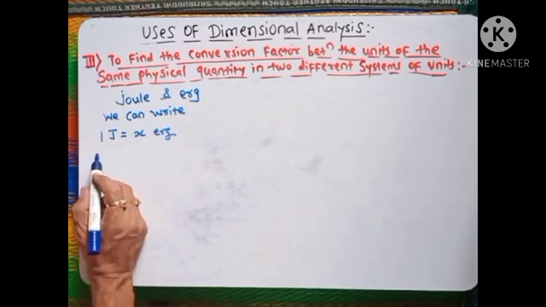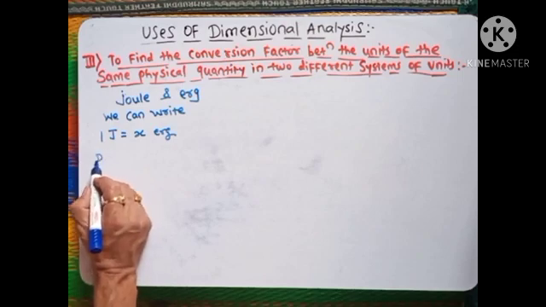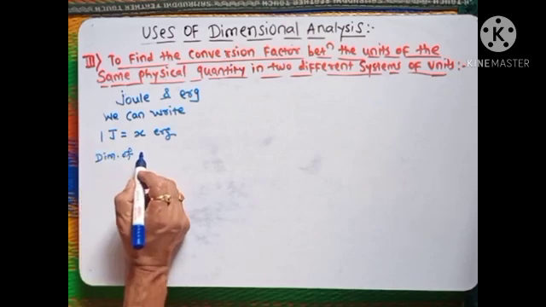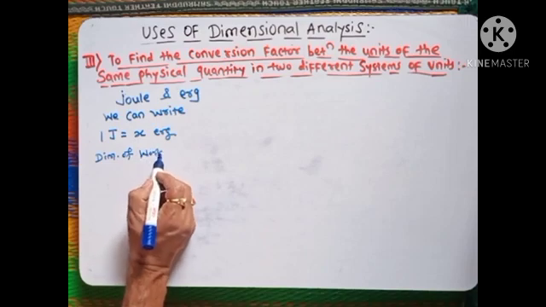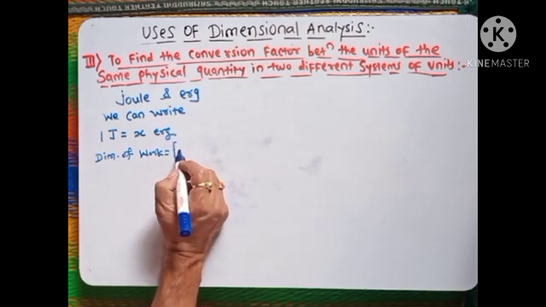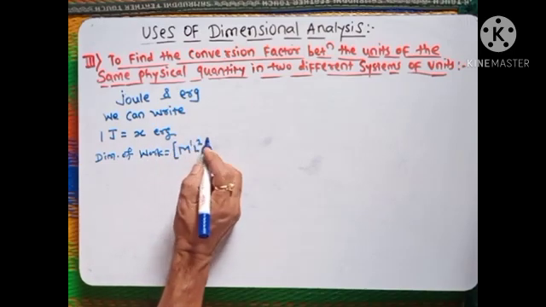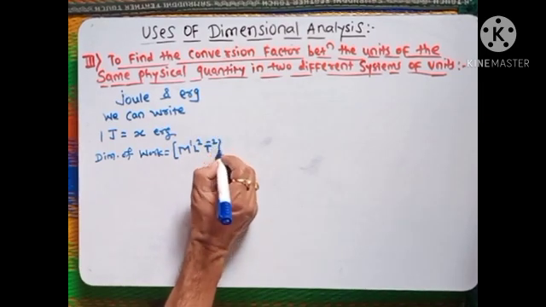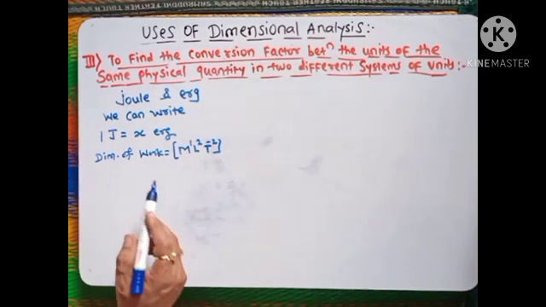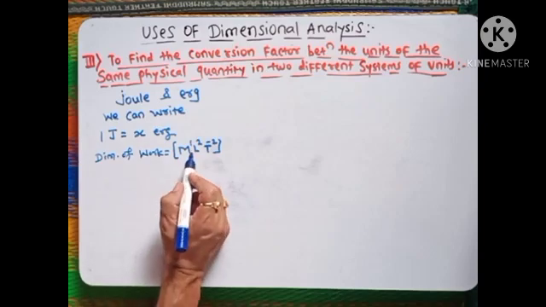Now the dimensions of energy or work: dimensions of work equal to M^1 L^2 T^-2. Now I can write here for MKS I will give suffix 1.